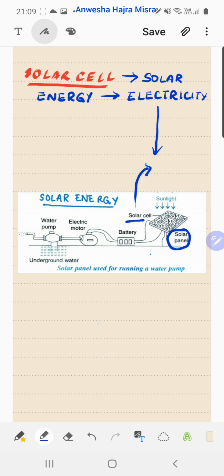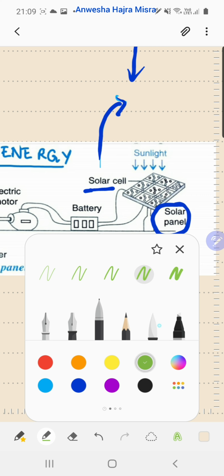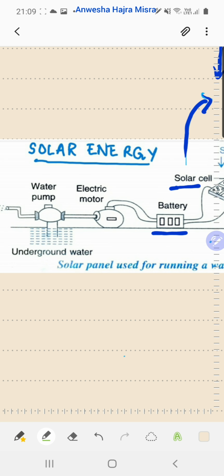Now, what does this solar panel do? It is a combination of solar cells. You can see sunlight falling on it. It creates electricity. This goes to a battery, and once it goes to a battery, it can be used in various ways, like in an electric motor to take up water from a pump.